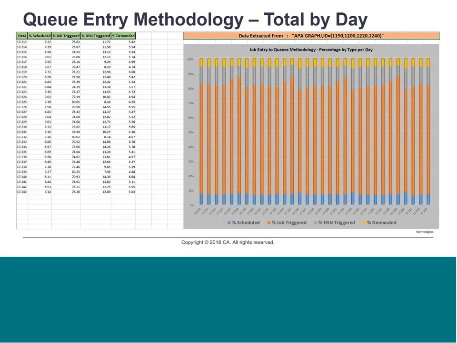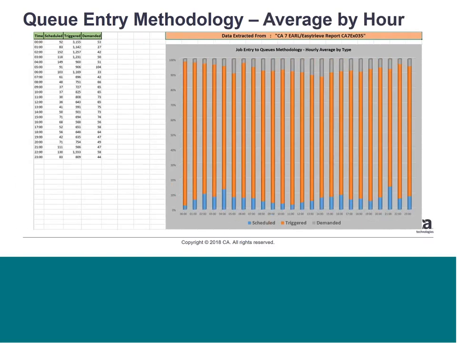The majority are being job triggered. A number are being data set triggered, and a small percentage, 4 or 5%, are demanded in, either through automation or through manual activity. So this is actually a fairly good view, well within the recommended best practices for loading jobs into queues.